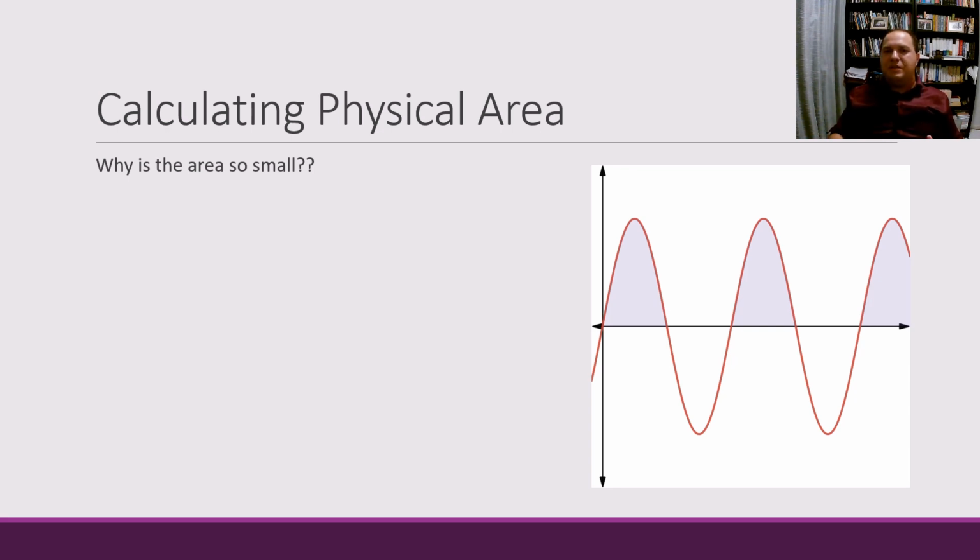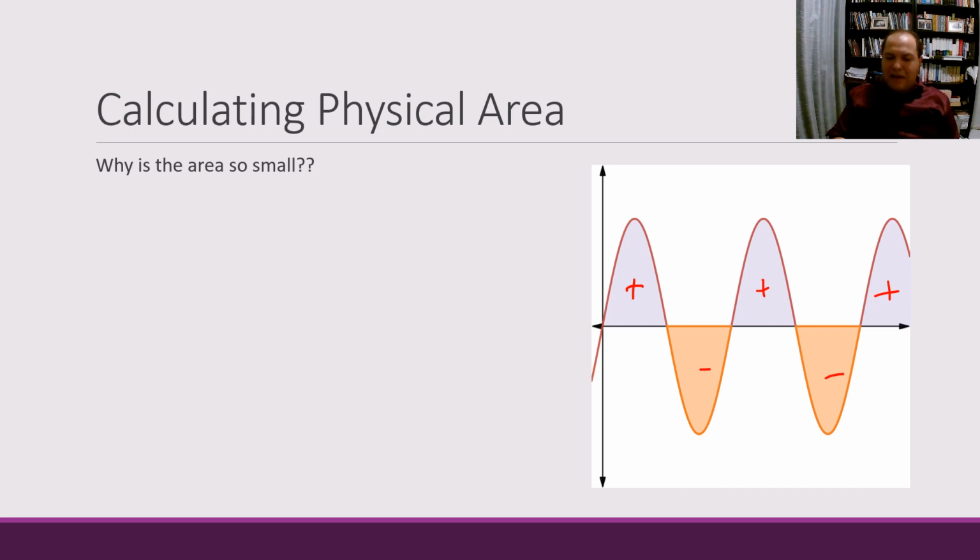Because when we do integration, it gives us what we call the signed area, or the algebraic area. Every region above the x-axis it will treat as positive, and every region below the x-axis it will treat as negative.